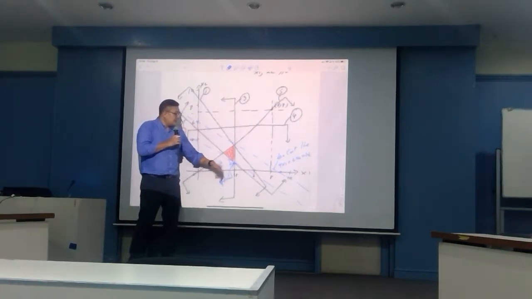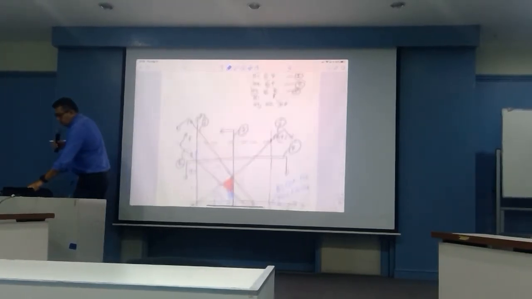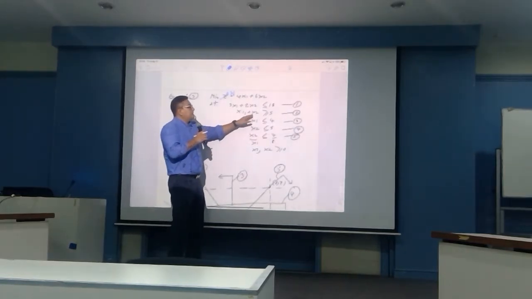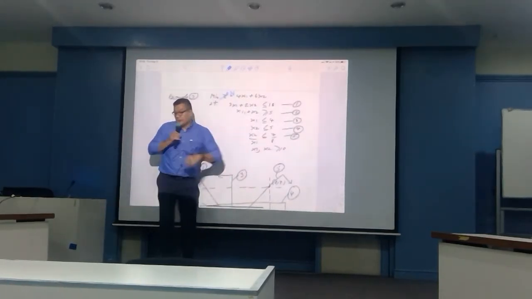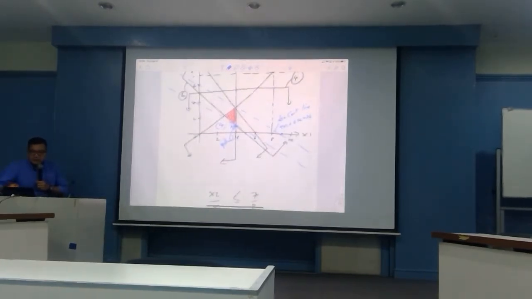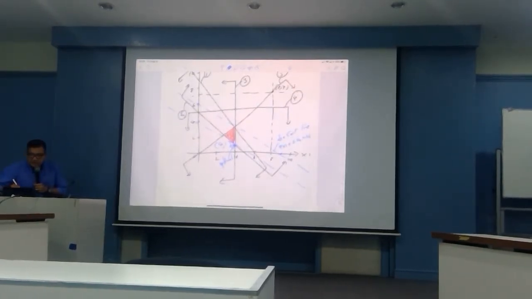So you substitute x1 equal to 4 into constraint number 2. If x1 is 4, x2 can be 1. So finally, the optimal solution is (4, 1). In this problem, x1 equal to 4, x2 equal to 1, and z equal to 22.